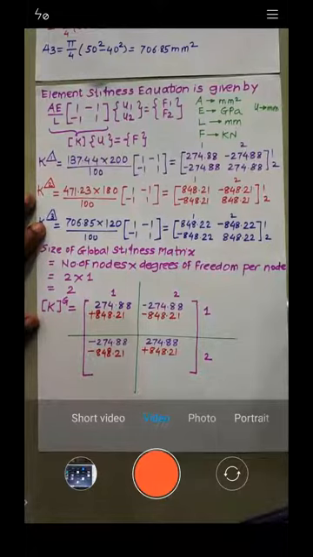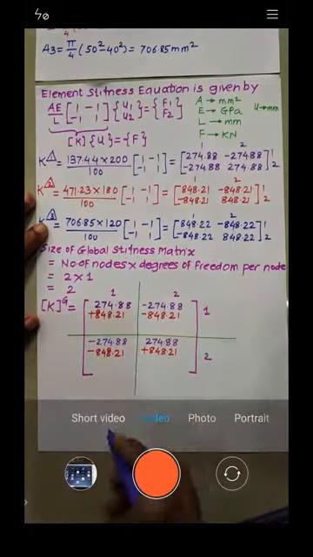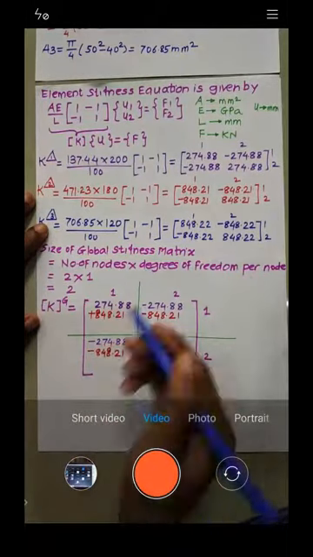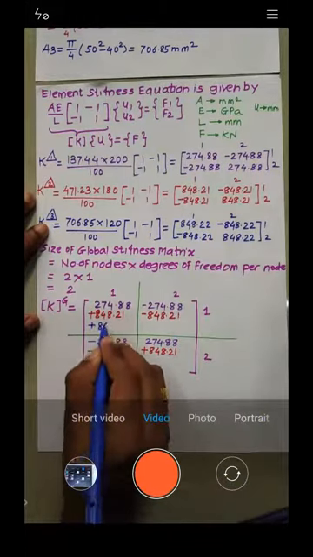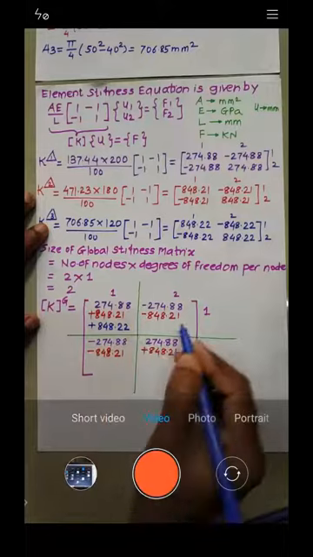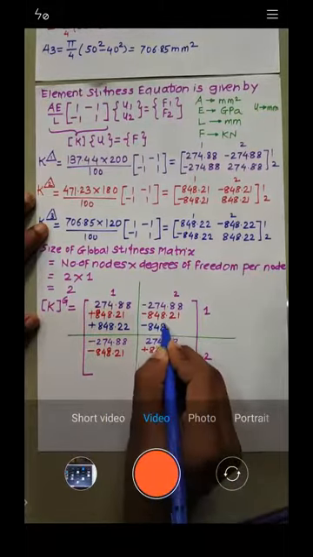Now let's start with the third element. This is the third element. So it is again 1, 2, 1, 2. So nothing to think. This element I will write down here, so plus 848.22. Right? Next this element minus 848.22.